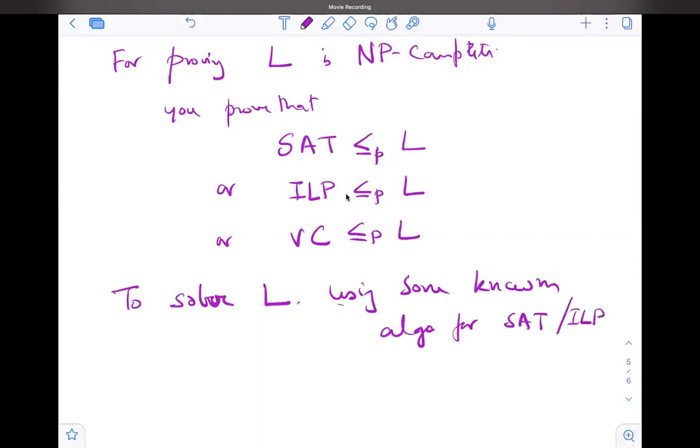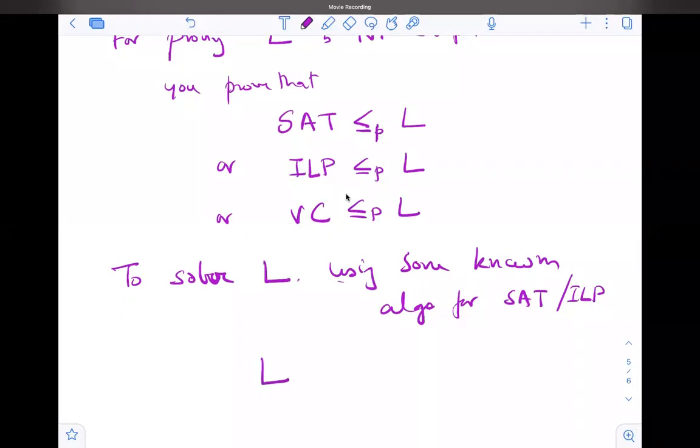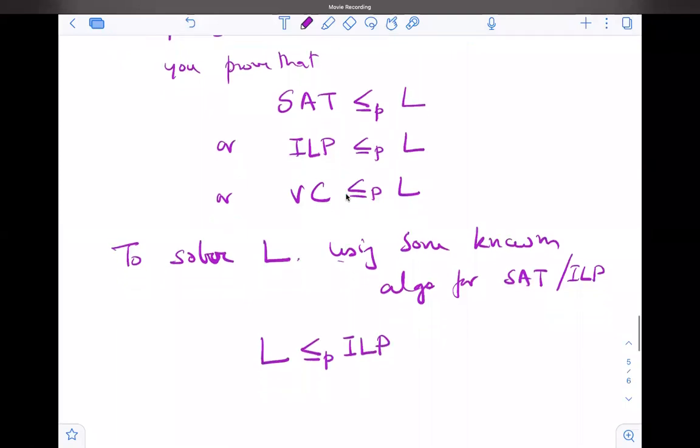So you have got a solution for ILP. Then how will you do it? That time you do the opposite. You take this L and reduce it to an integer linear program, and then use the ILP. Or you reduce it to SAT, and then use the algorithm for SAT to solve it.